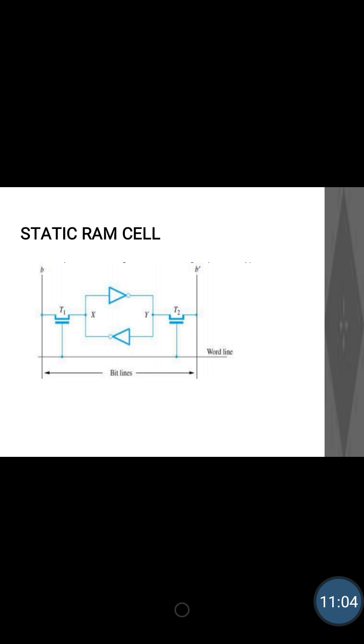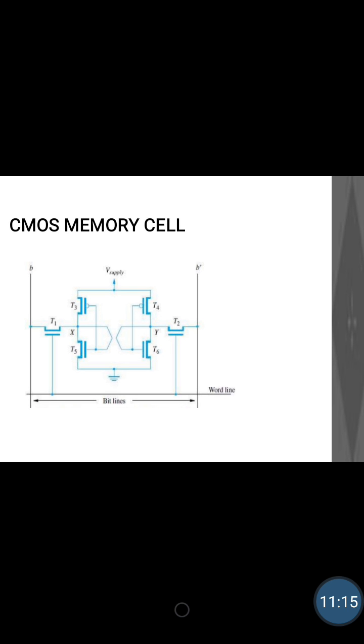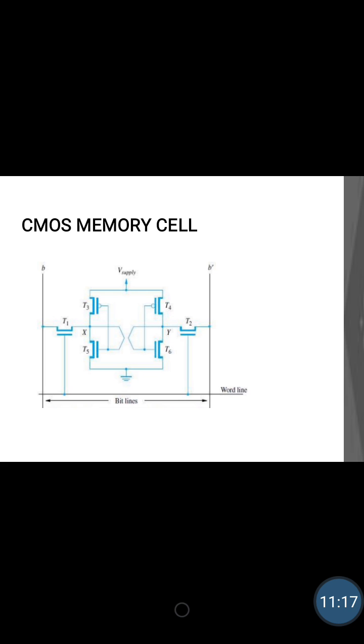Okay, this is a little bit time consuming, some delay may be incurred because of the inverters. That is why an advanced technology comes, that is using the CMOS memory cell. You can look at the figure, I am making use of 6 transistors. How many? 6. T1, T2 act the same as in the previous diagram.